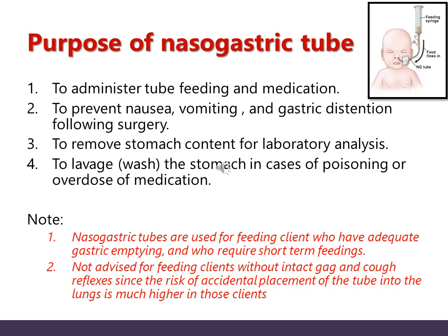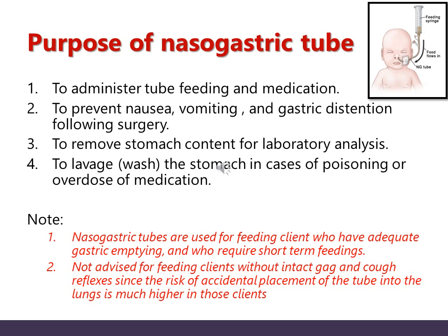If the patient accidentally ingested poisonous substances, poisonous beverages, what will the doctor do? The doctor will insert a nasogastric tube and those poisons or overdose medications in the patient's stomach will be washed. We call it lavage with the use of a nasogastric tube.